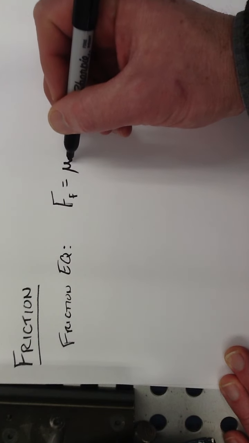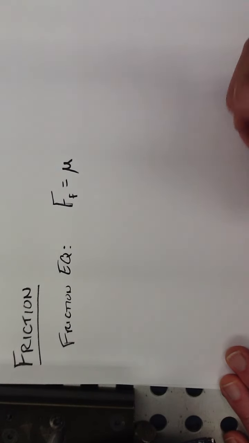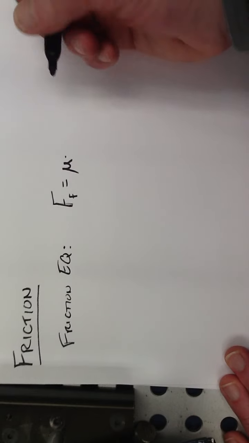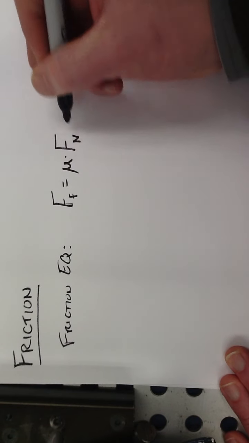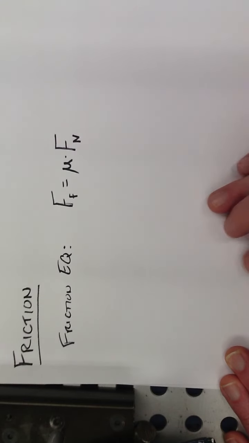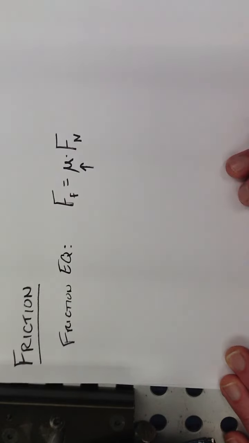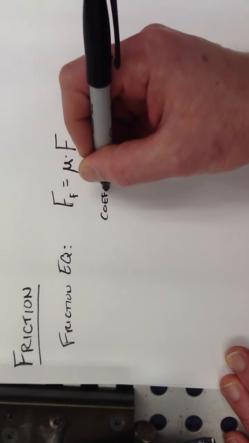It looks like a cursive U, but it's got a long front edge on it. Mu is the name of that letter, times the normal force. That's it. And this mu is the coefficient of friction.